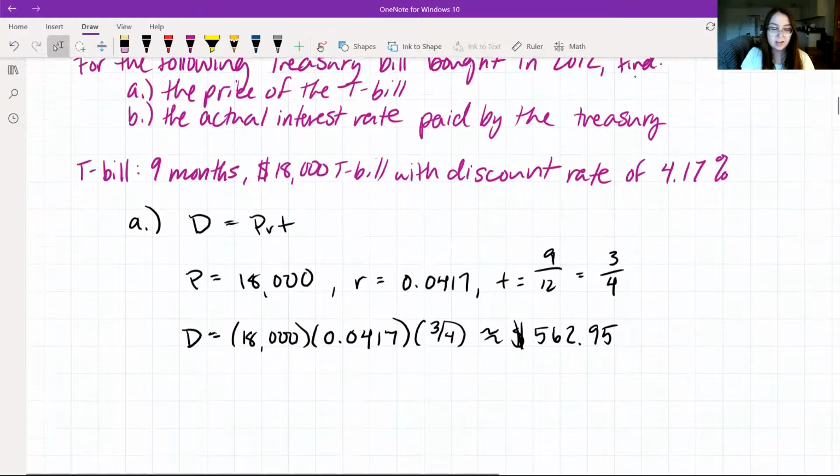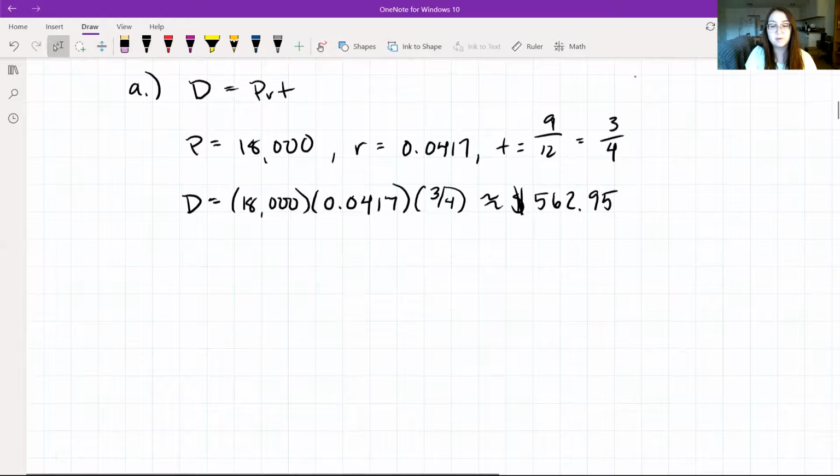If we want to find the actual price of the T-bill, we subtract our discount from the face value.